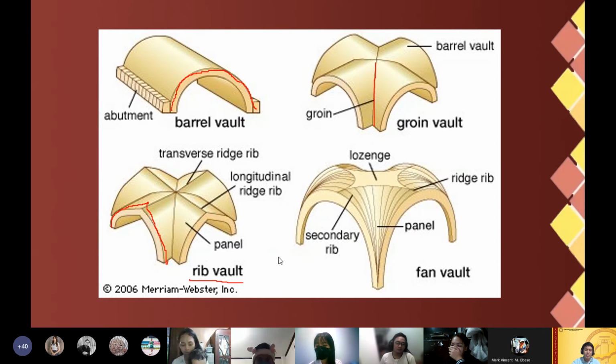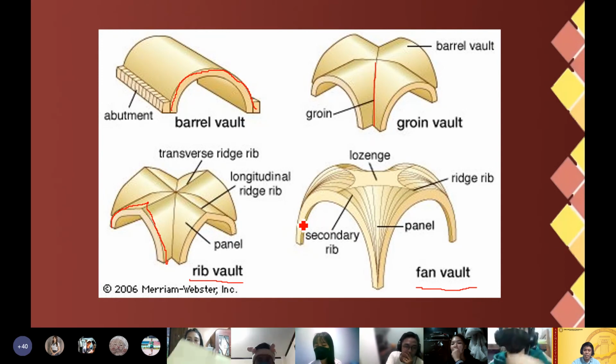And there are other types of vault, which is the fan vault. You cannot see this fourth type of vault in Romanesque architecture. You can see this type of vault in Gothic architecture.